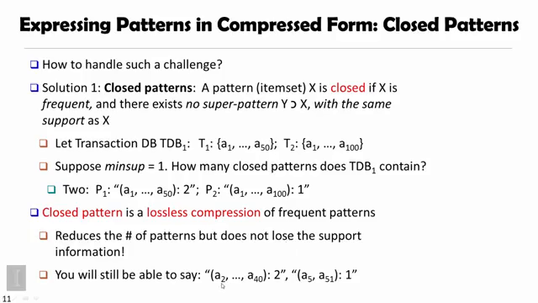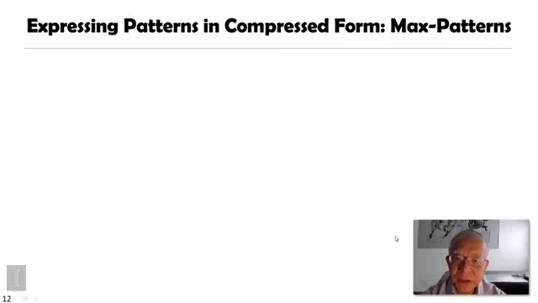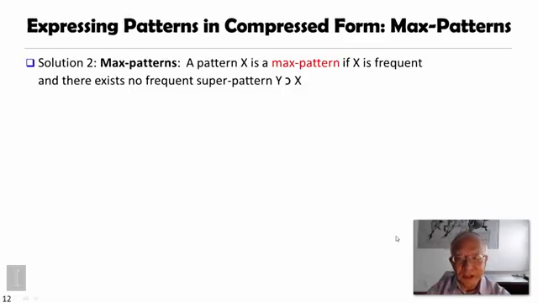For example, you will still be able to say A sub 2 to A sub 40, the support is 2. A5 to A51, this itemset support is 1. Then let's look at another possible compression called max patterns. The definition is very similar, except it does not carry the support anymore.